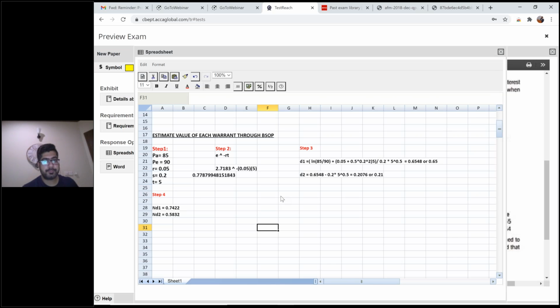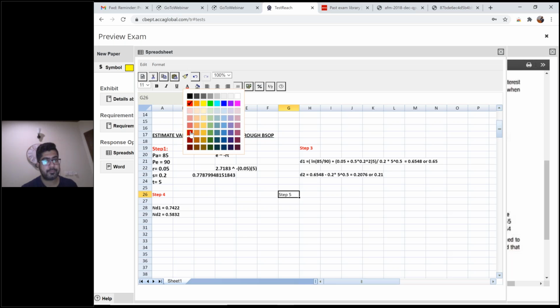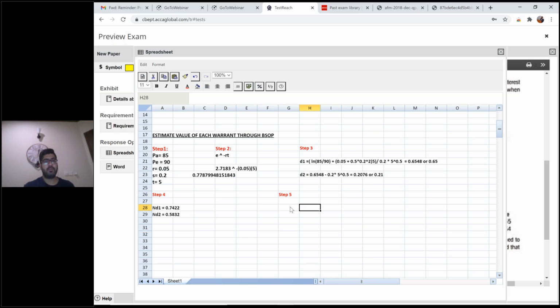Now the last step, that is step 5, is to find the value of the call or put option. We need to use the formula of the option again.